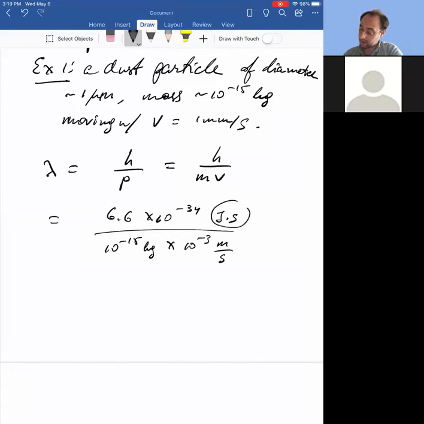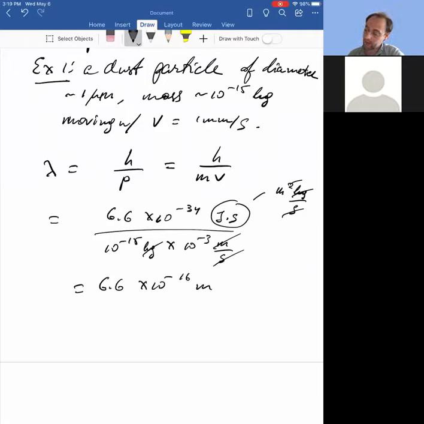Now this joule seconds is the same as meters squared kilograms over seconds. So kilograms cancel, meters cancel, 1 over seconds cancel. And so we get 6.6 times 10 to the minus 16 meters.